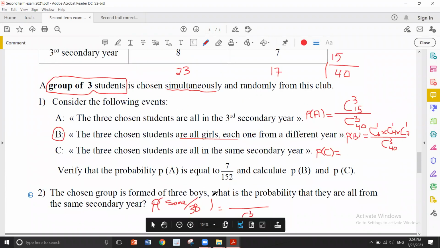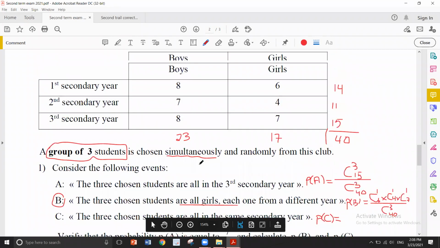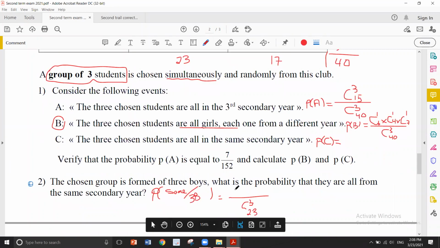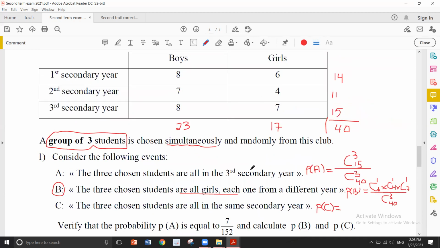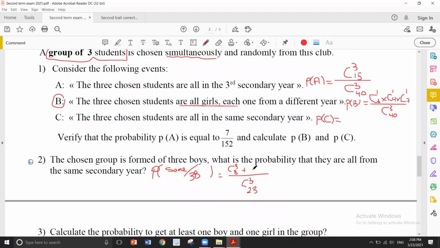What is same? I need 3 boys from the first year. I have to choose 3 from 8, or 3 boys from the second, 3 from 7, or 3 from 8.